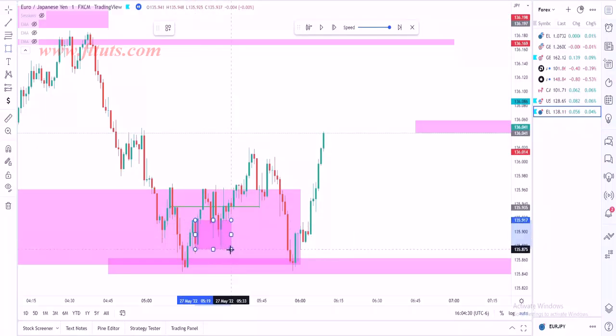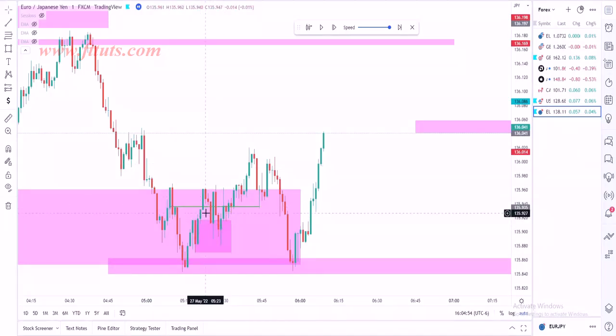If we didn't wait and we just went, hey, look, it broke something, great. By the way, with all this confusing stuff, it broke minor structure, it broke major structure, honestly, the way that I look at it is, did it break some structure? Okay, great. Did it break more structure? Okay, that's awesome. So oftentimes I'll just wait for it to break something.